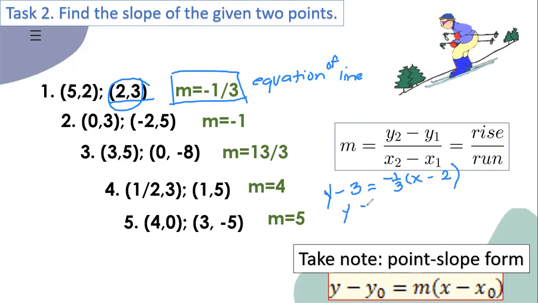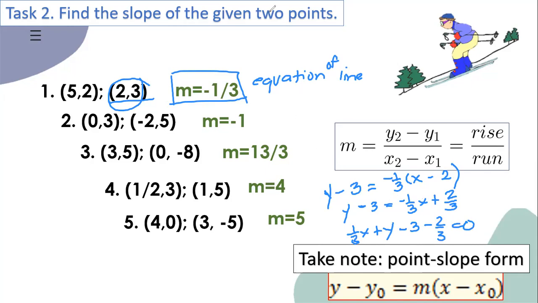So we have y minus 3 is equal to -1/3 x plus 2/3. Okay, so further simplify. So we will have 1/3 x plus y minus 3 minus 2/3 is equal to 0.